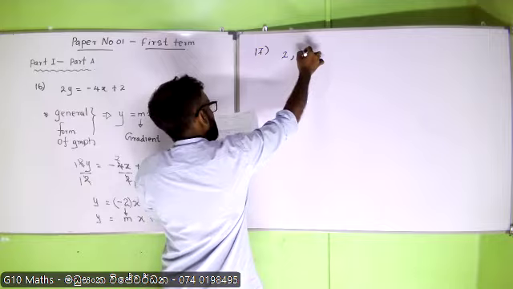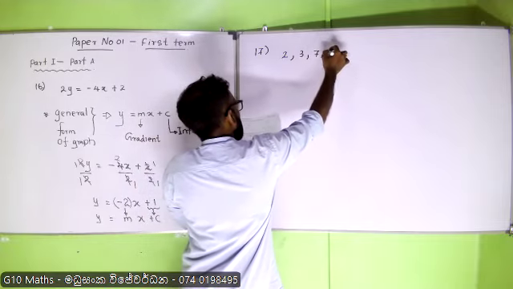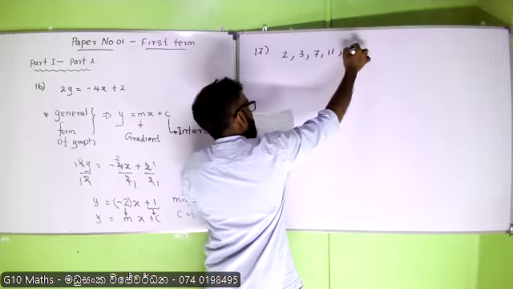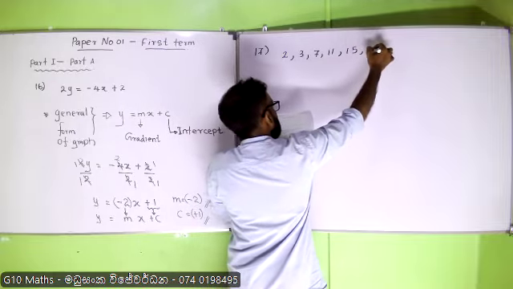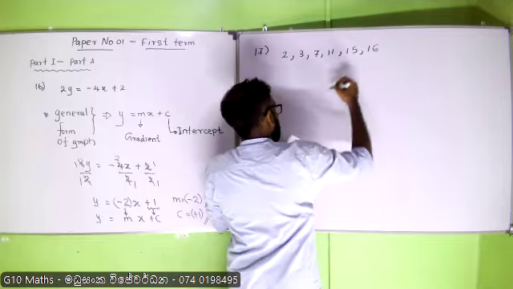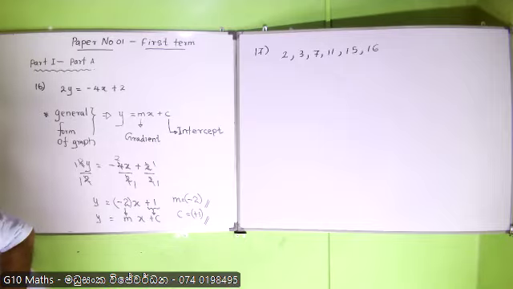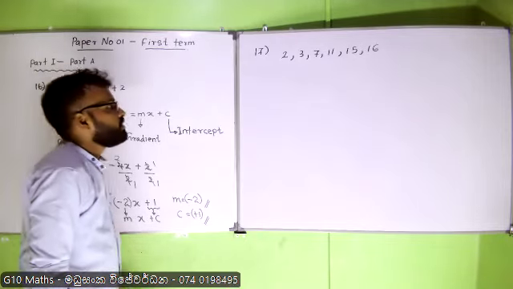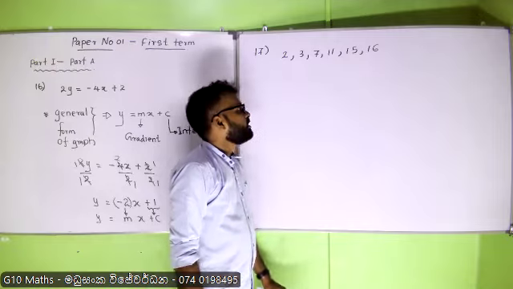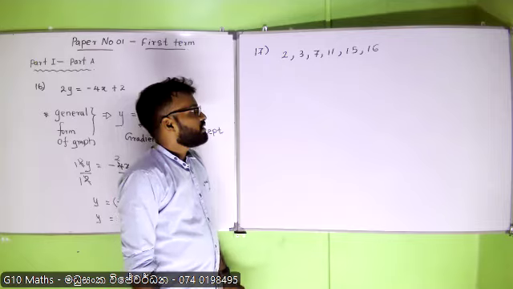So 2, 3, 7, 11, 15, 16. When you are going to find the median, you need to remember some things.